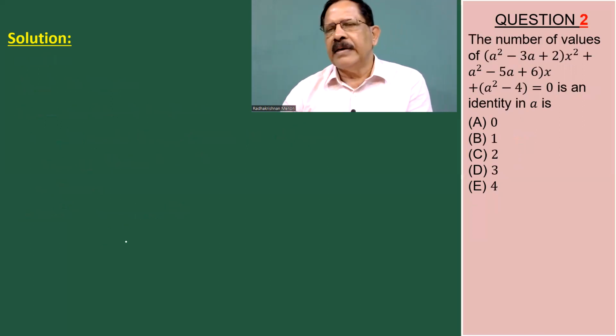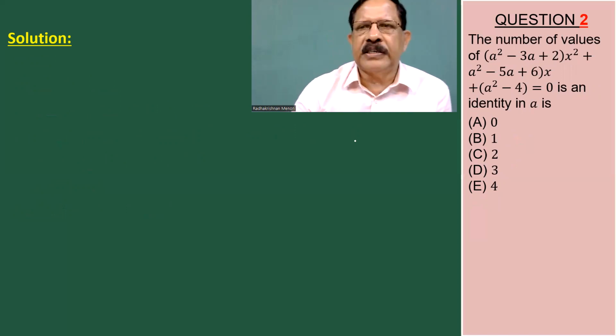You are being given a second degree equation. I'm not telling that it is a quadratic equation. Why? Because a quadratic equation will be having only 2 roots. But here, this equation has got more than 2 roots.